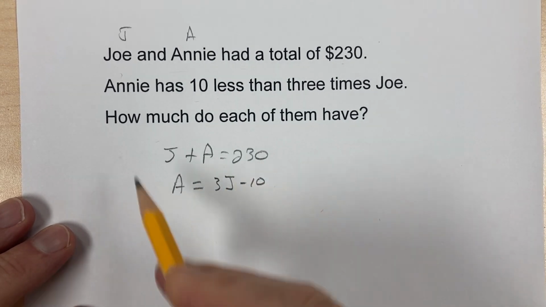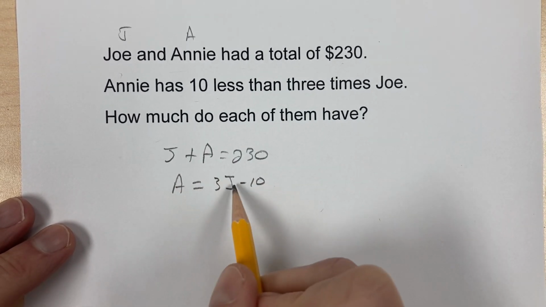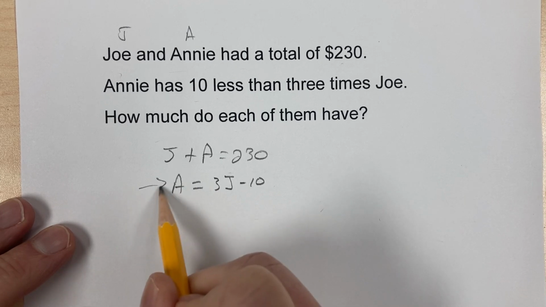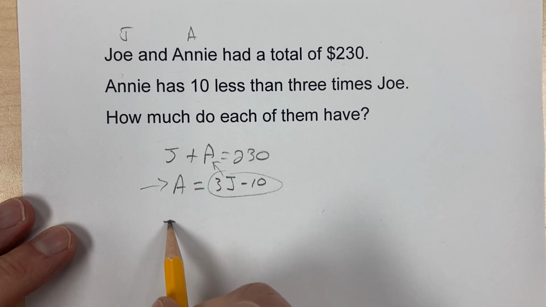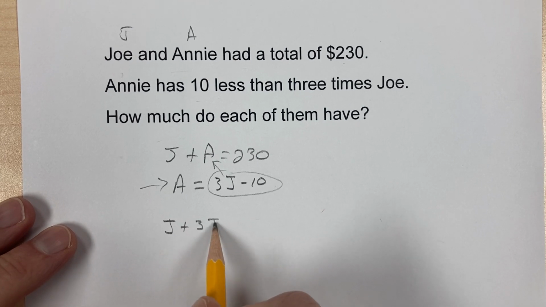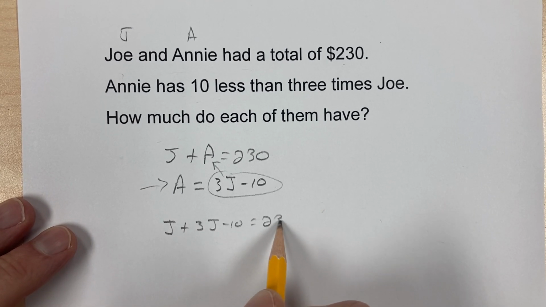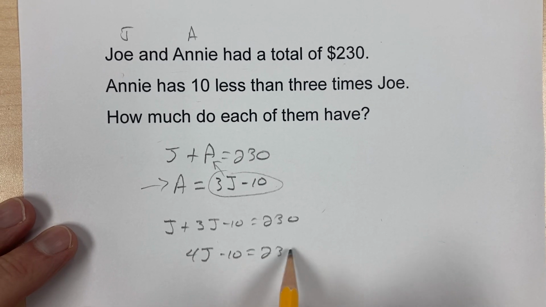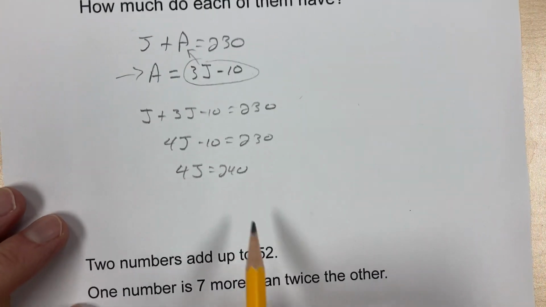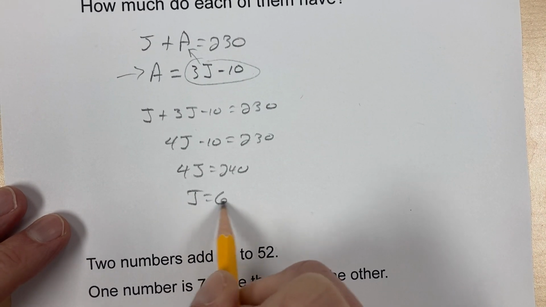Now if you take a step back and look at this, this is substitution. A is by itself. We can take 3j minus 10, put it in there. We get j plus 3j minus 10 equals 230. So 4j minus 10 equals 230. 4j equals 240, and divide by 4, and Joe will have 60 bucks.